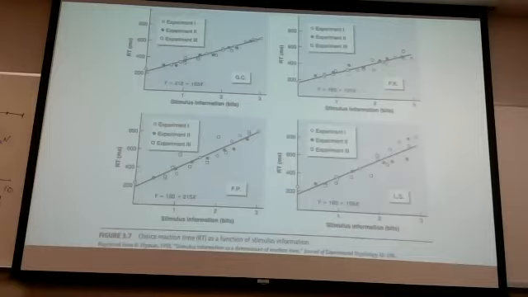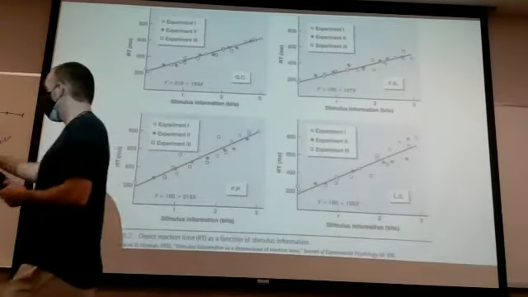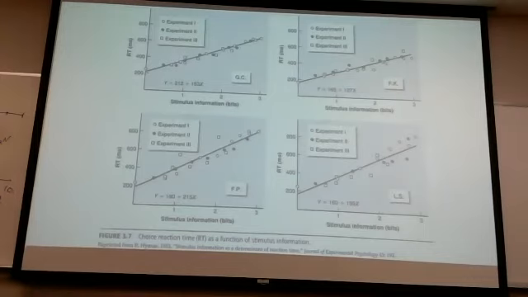And it suggests that there's a very simple relationship between reaction time and log base 2 of the number of stimulus response alternatives. So they transform their x-axis to show that there is in fact a logarithmic relationship. We know there's a logarithmic relationship because when we transform the x-axis, we see something that looks like a straight line. And we will probably see pretty good straight lines in all of our data.